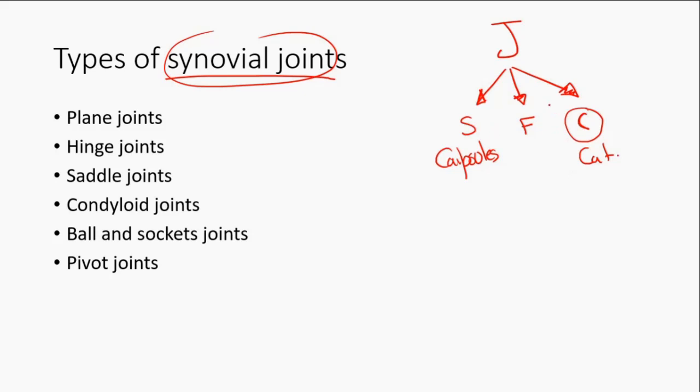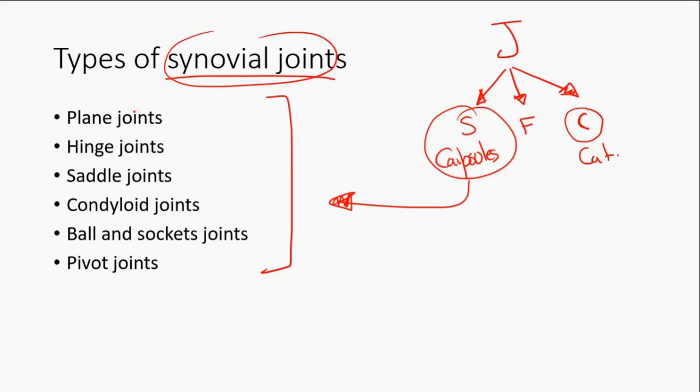So this is the general principle of joints. When you think of synovial joints, you have to remember that there are 6 different types in the body. That makes sense, because your shoulder joint is a synovial joint, and your elbow is a synovial joint.